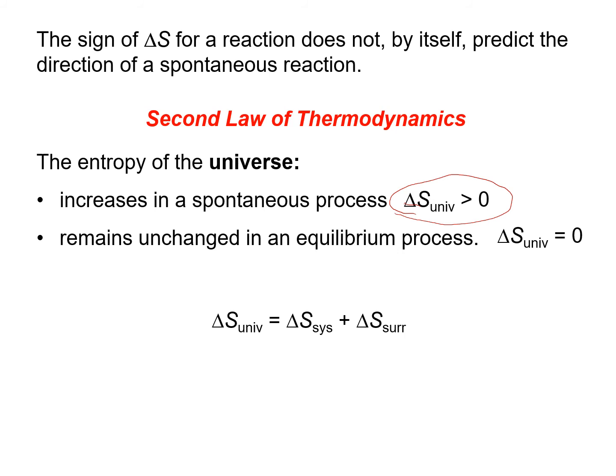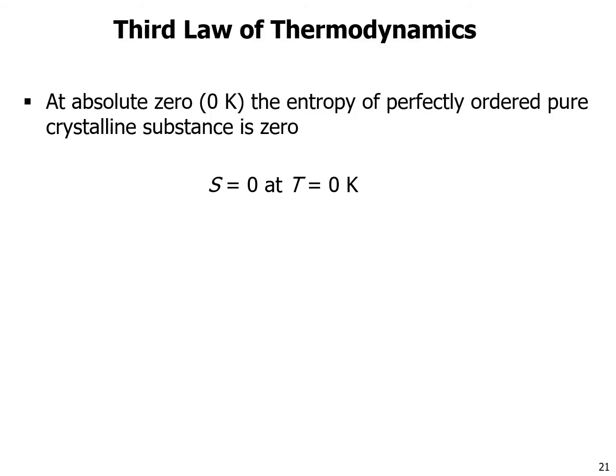Okay, but before that, we'll talk about third law of thermodynamics, which is also fairly simple. Third law of thermodynamics states that at absolute temperature, which is called the 0 Kelvin temperature, the entropy of a perfectly ordered pure crystalline substance is 0. So entropy of a substance at temperature 0 Kelvin is always going to be 0. You can pick any substance.